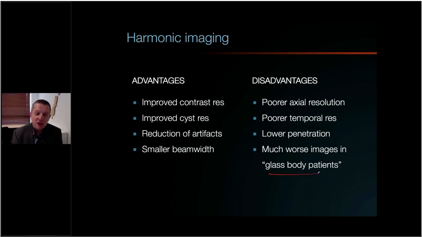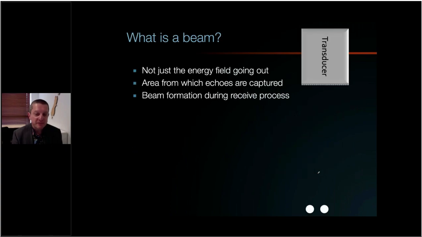These are patients who transmit sound beautifully and where there's very little imaging artifact present anyway. In those patients, you can scan them on fundamental imaging and still get a very good contrast resolution, and then you'll have the additional benefit of better axial resolution. So on a rare occasion in a glass body patient, you have better result using normal conventional ultrasound.